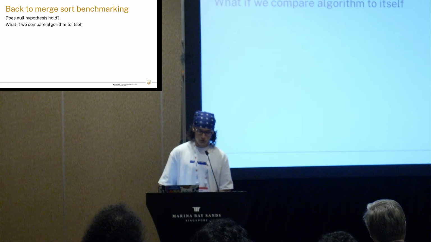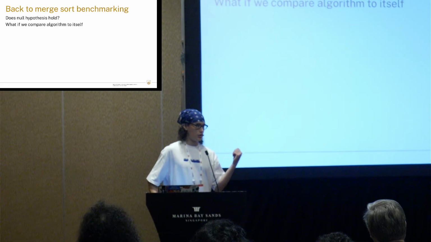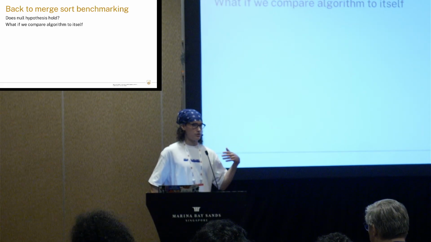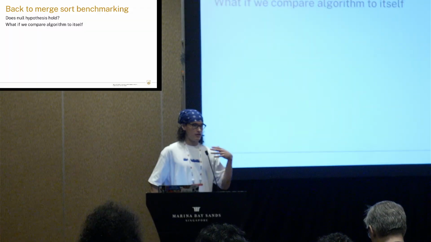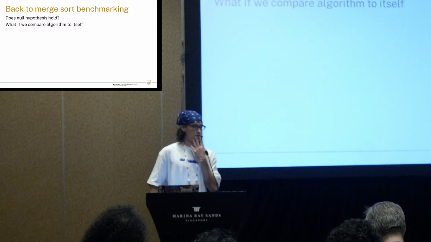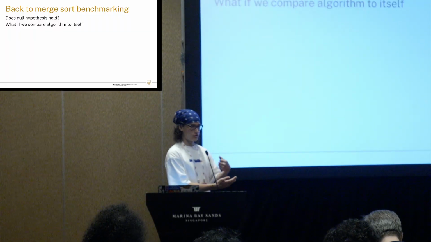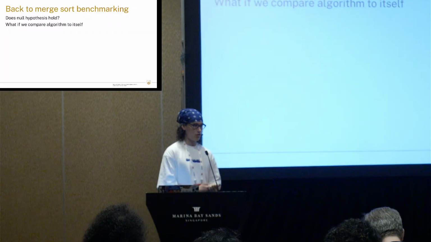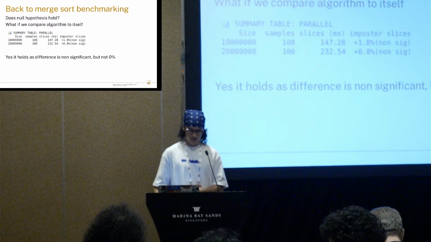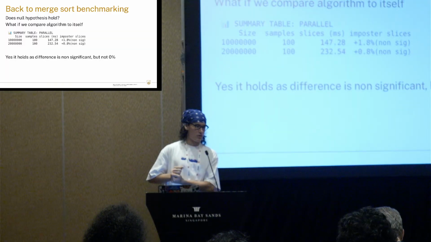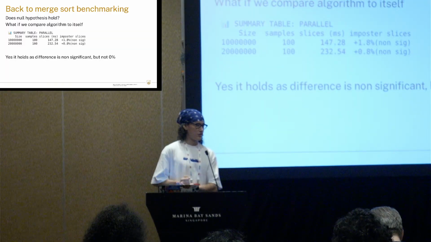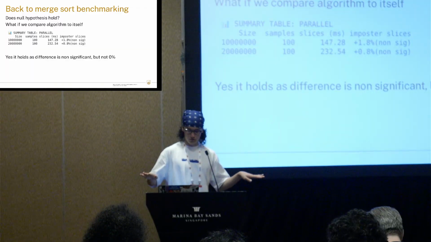Okay, so first of all, benchmarks were quite noisy. I tried to see whether the noise is significant or not, so I tried comparing the algorithm with itself, and the null hypothesis holds. It still says that if you compare the algorithm to itself, then it's the same algorithm, which is good. It's just a preliminary thing.